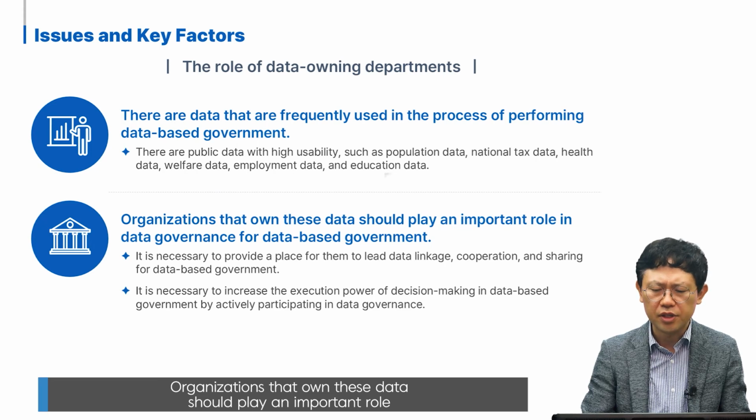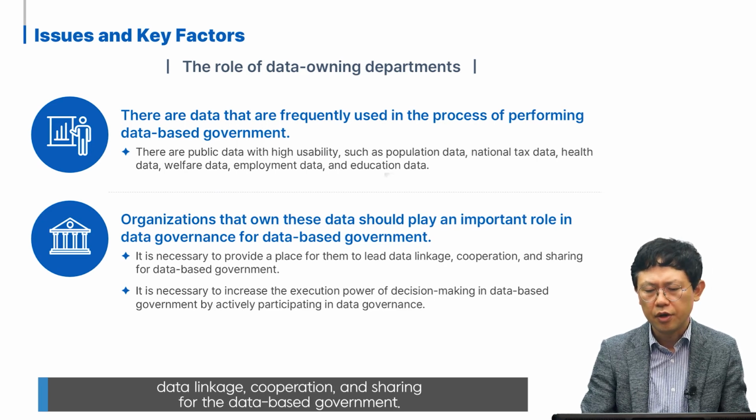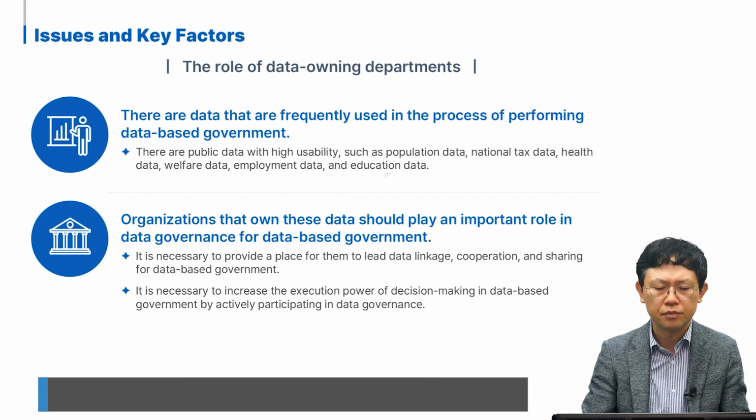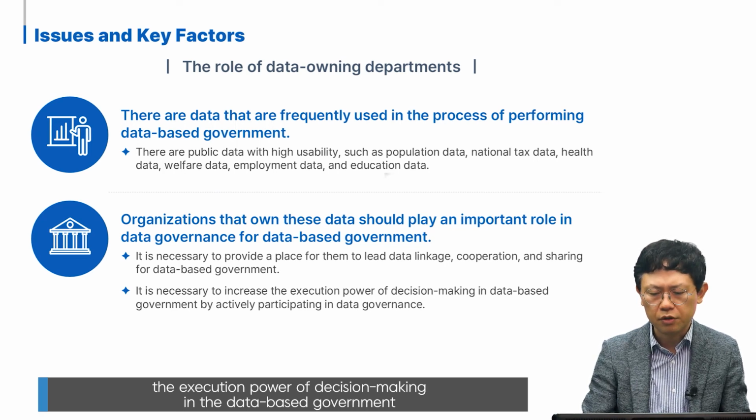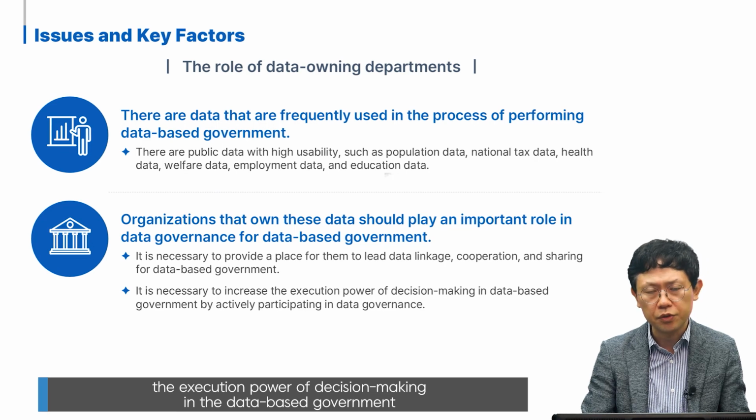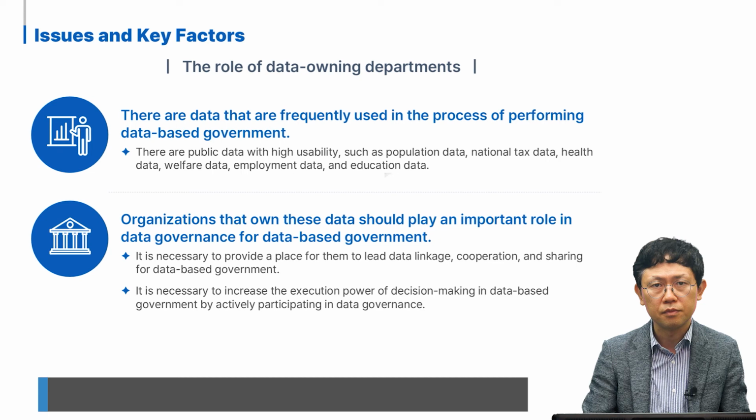Organizations that own these data should play an important role in data governance for data-based government. It is necessary to provide a place for them to lead data linkage, cooperation, and sharing for data-based government. It is necessary to increase the execution power of decision-making in data-based government by actively participating in data governance.